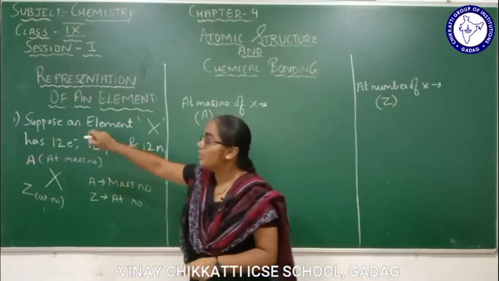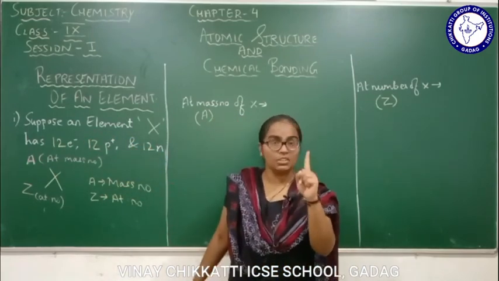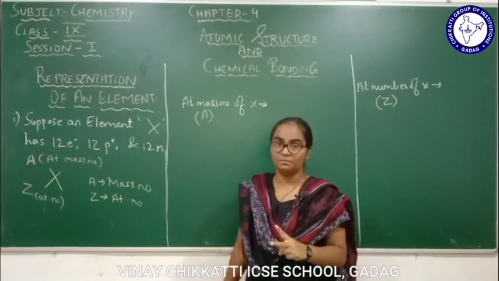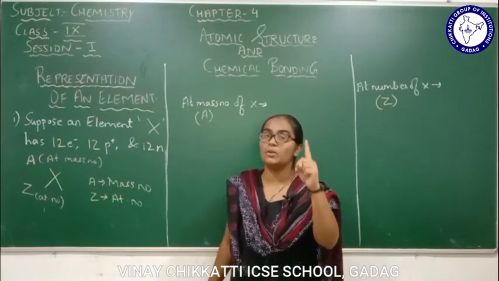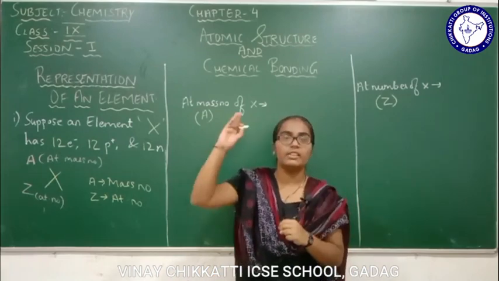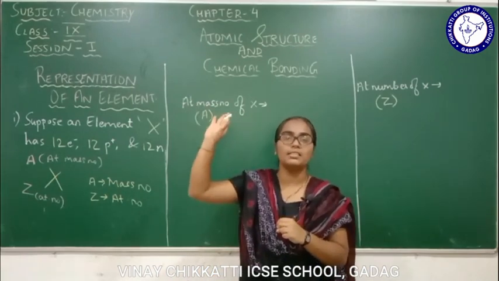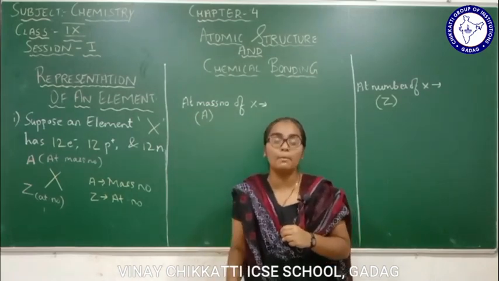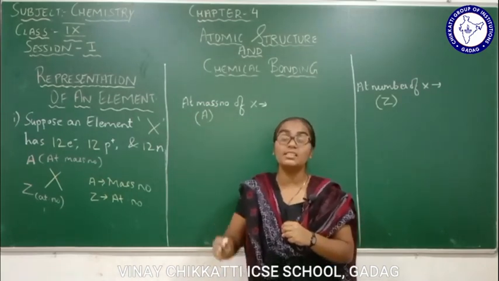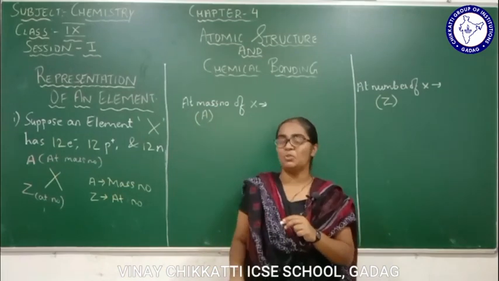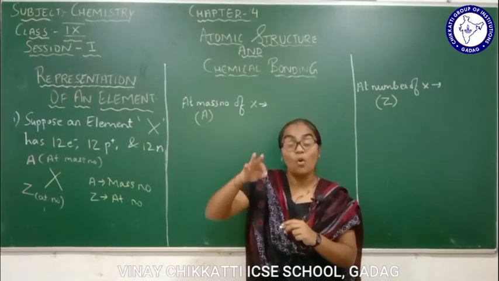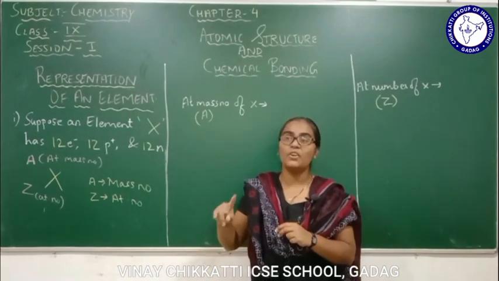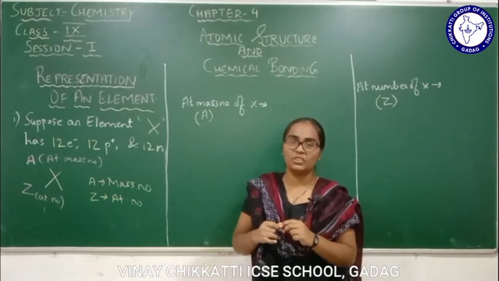So the first component was the atomic mass number, and the second component was the atomic number. Keep in mind, first is the atomic mass, which is the mass of the nucleus. The second component is the atomic number. Atomic number means the number of only protons present inside the nucleus, or the number of electrons revolving around the nucleus.